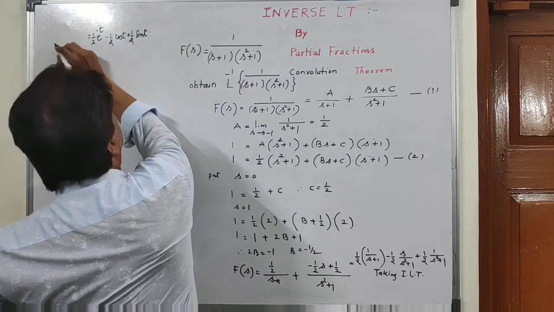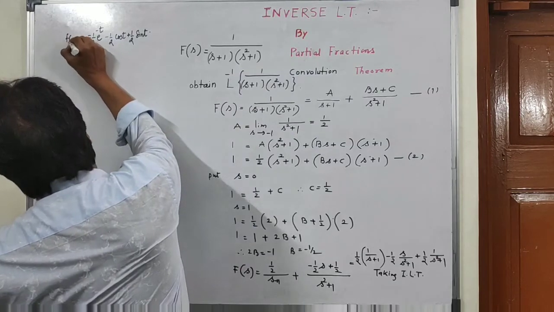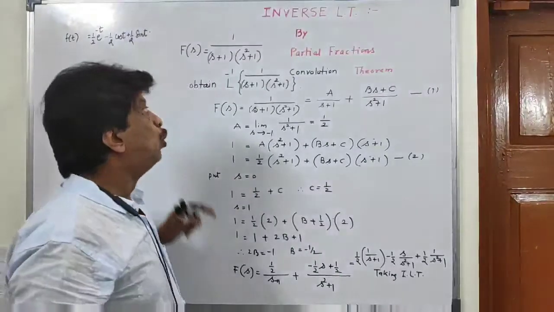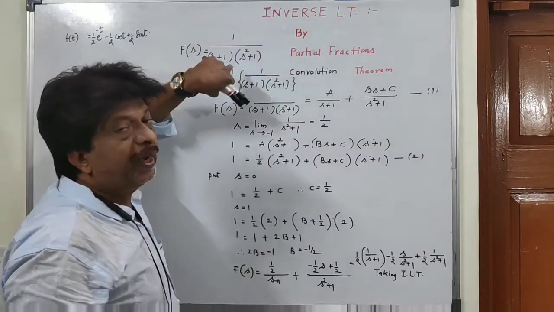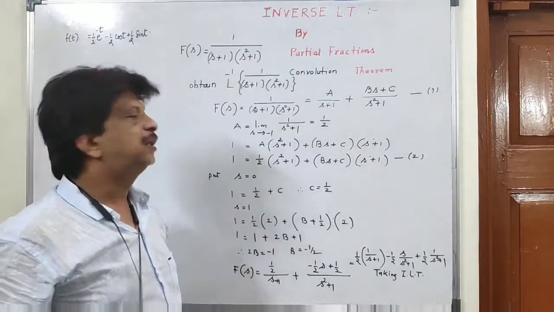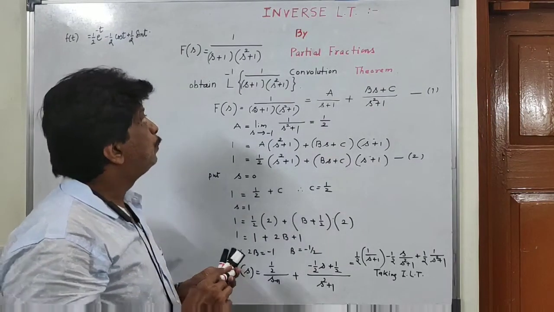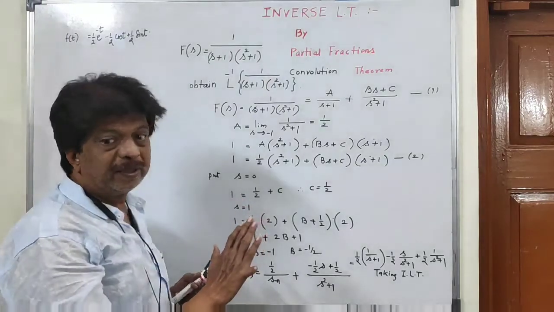That is the f of t, whose Laplace transform is 1 upon (s plus 1) into (s square plus 1). So, that is the method of partial fractions.